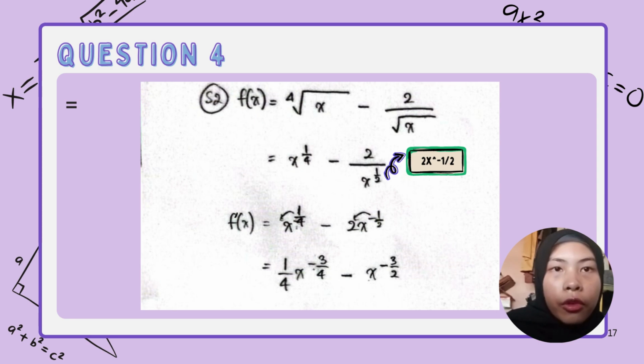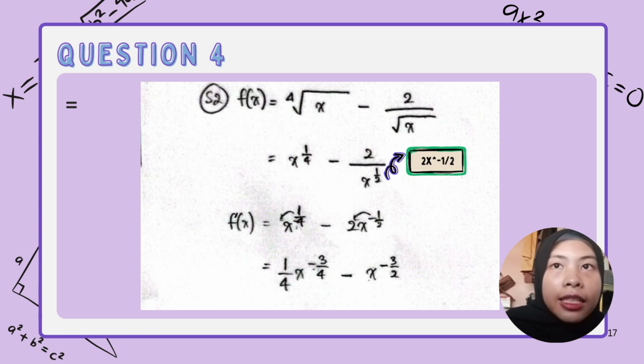So 1/4 minus 1 is -3/4. And the same goes for the x^(-3/2). The -3/2 comes from the -1/2 minus 1.